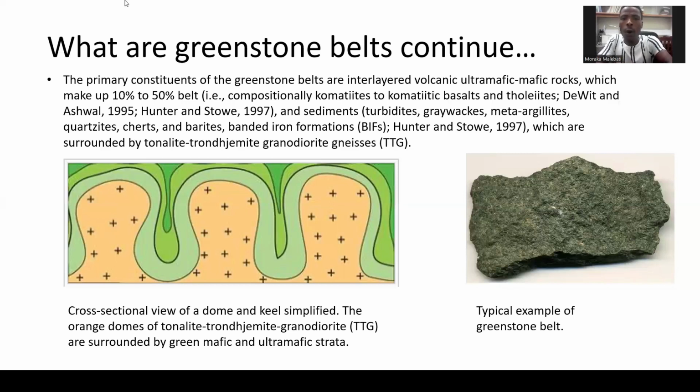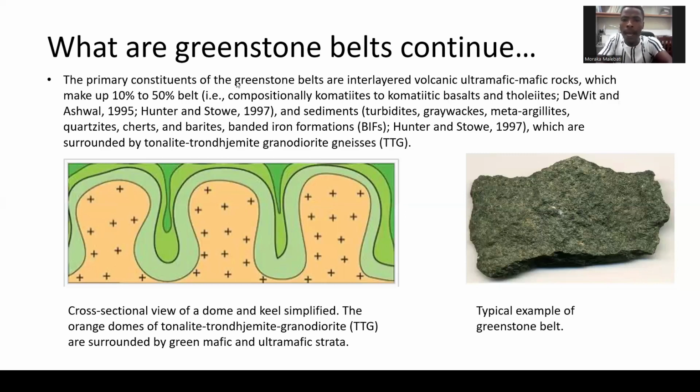All right, so compositionally komatiites to komatiitic basalt and tholeiites. So that's what these ultramafic to mafic rocks are: komatiites to komatiitic basalts and tholeiites.